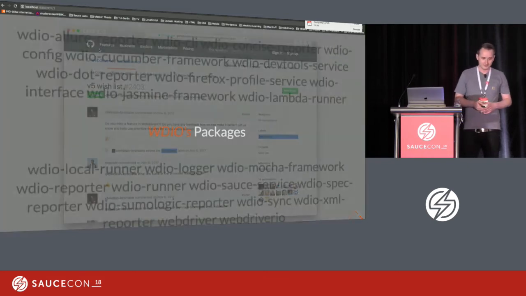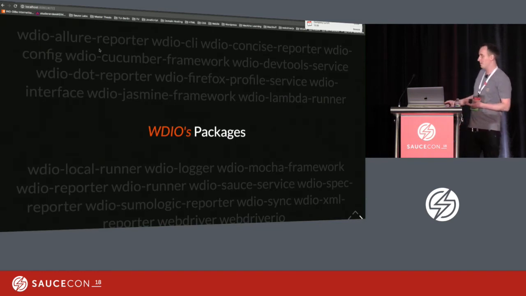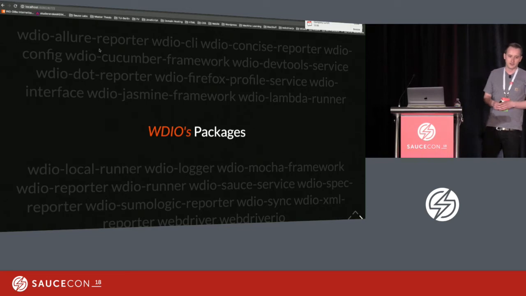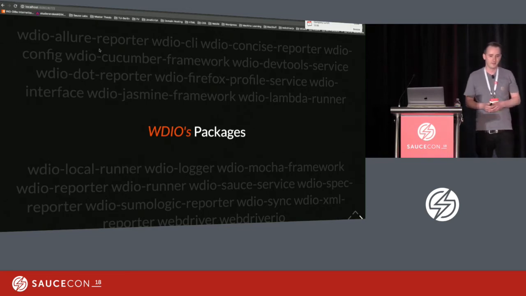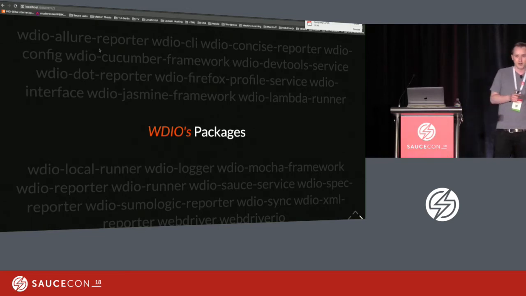To improve the framework. From the technical part, the first thing I did is I took every package that we have built so far in the WebdriverIO ecosystem and moved it into one big monorepo. The reason for that is I wanted to make it easier to work on features that require changing code in multiple packages.